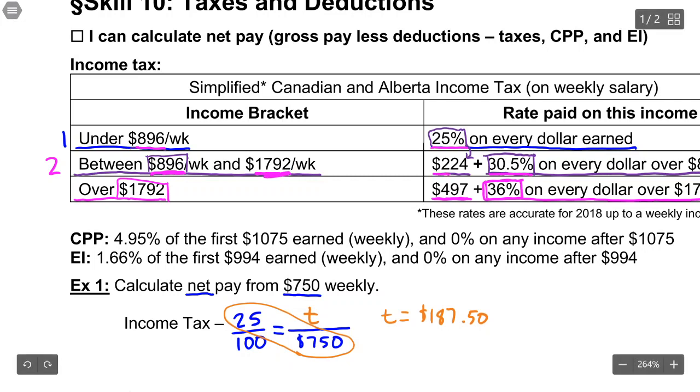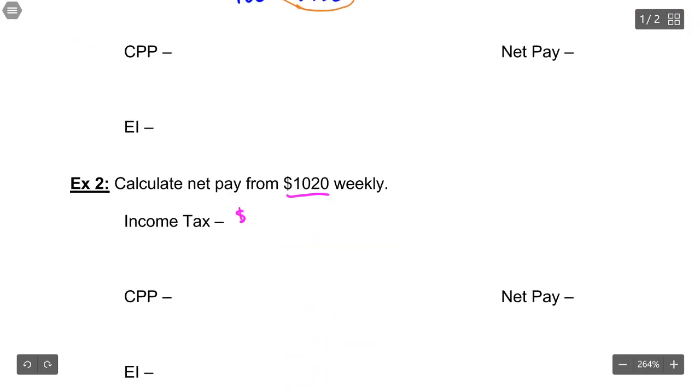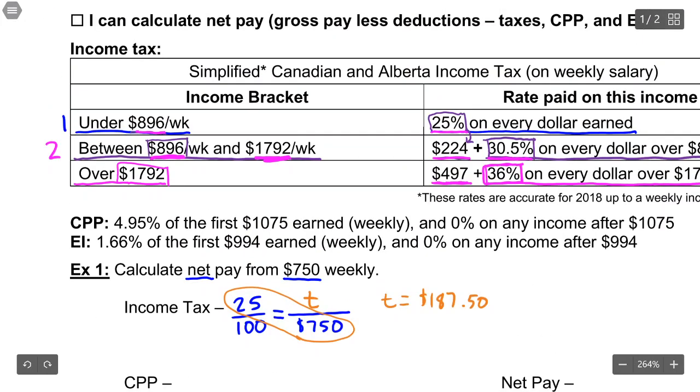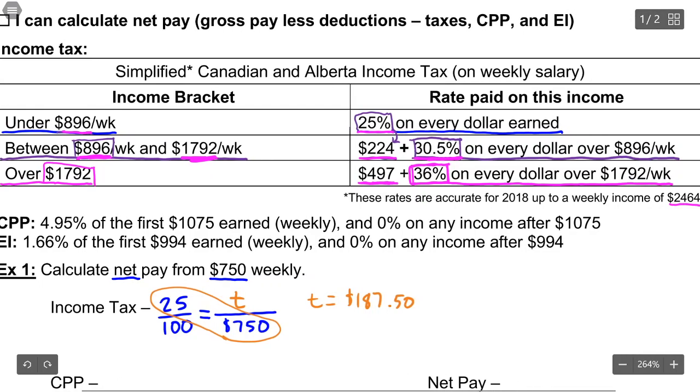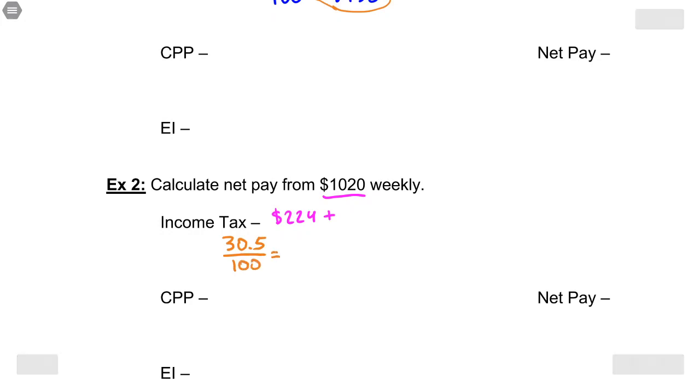So you're going to pay $224 just straight up. So your income tax is going to be $224 plus 30.5% on every dollar over $896. So plus, let's figure this out, 30.5% on how far we are over $896.